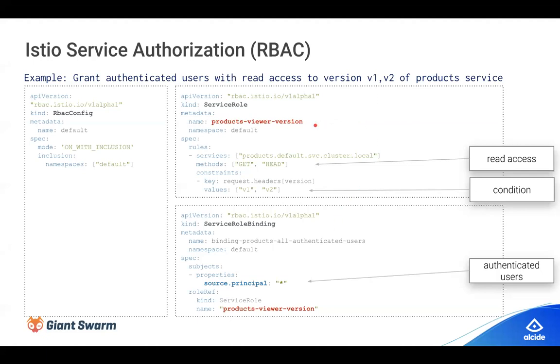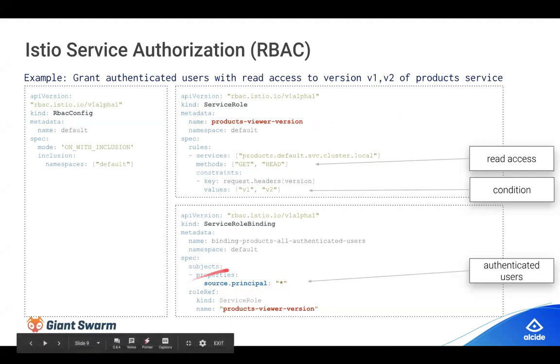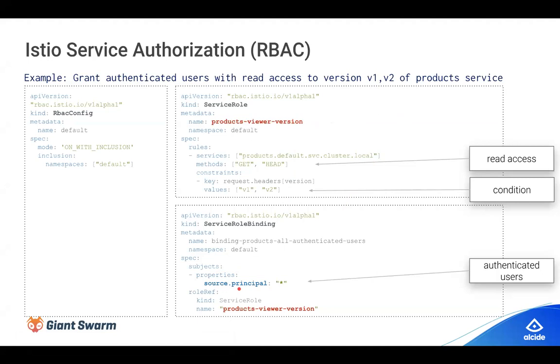And you can see that the resource in this example captures the spirit of wanting to grant access to an authenticated user, which is mandated by this property that we see here, that the source principal is equal to anything after authentication, which is how the internal machinery of Istio works. Then, based on the headers, we can specify the condition of who or what part of the service we interact with.